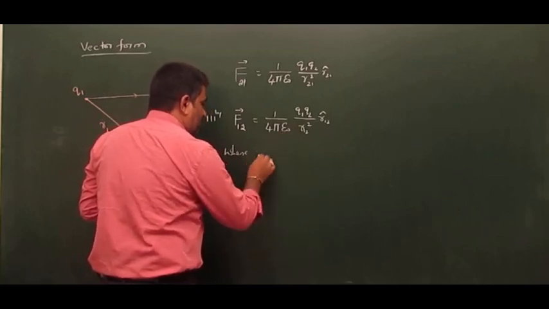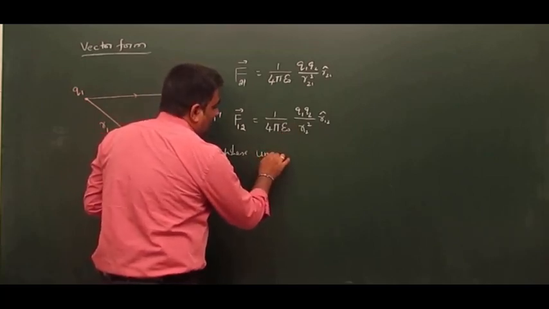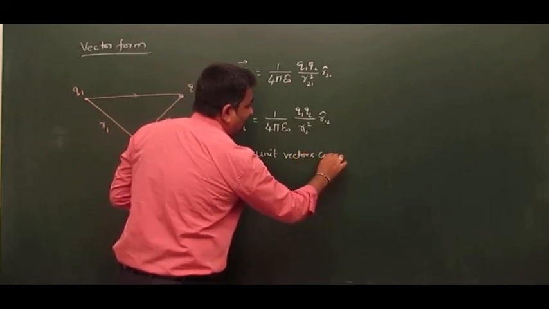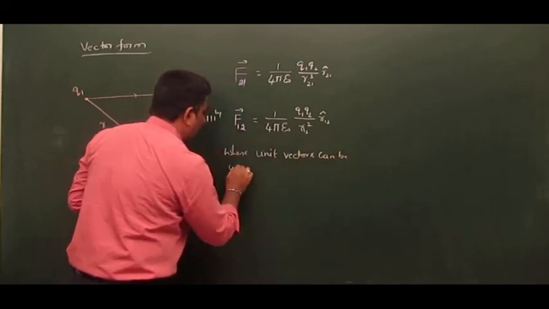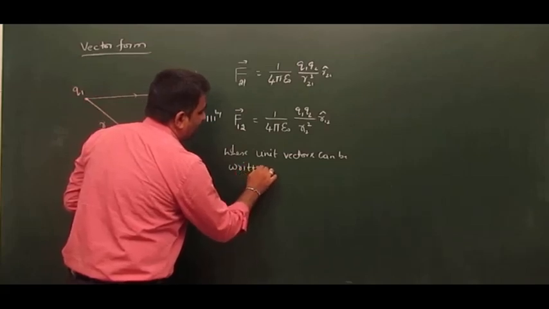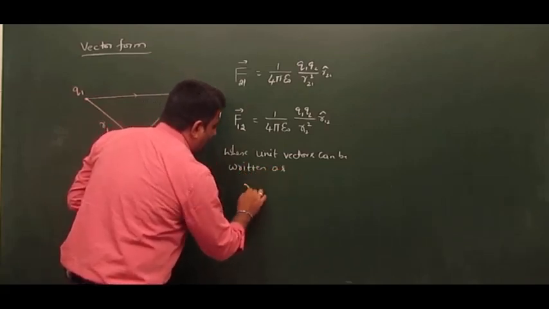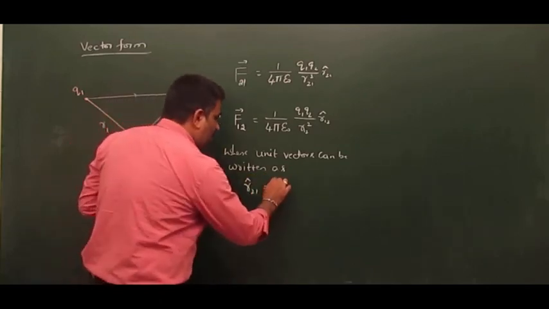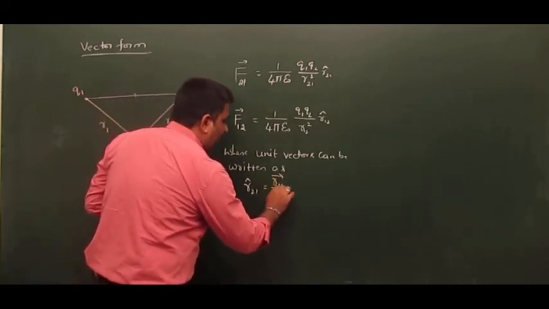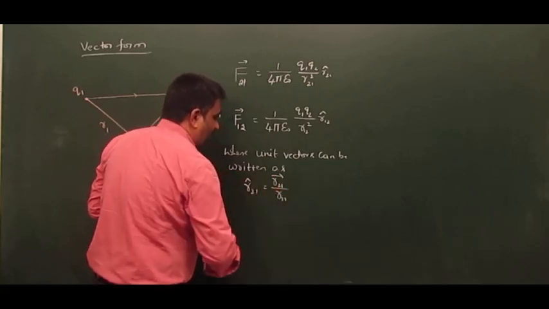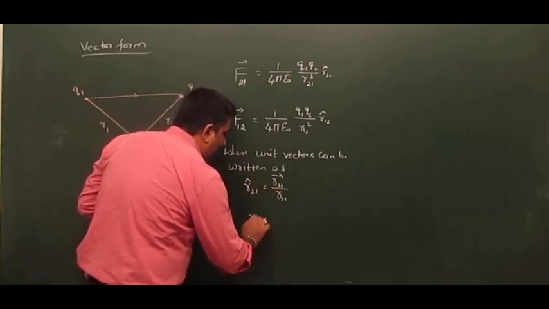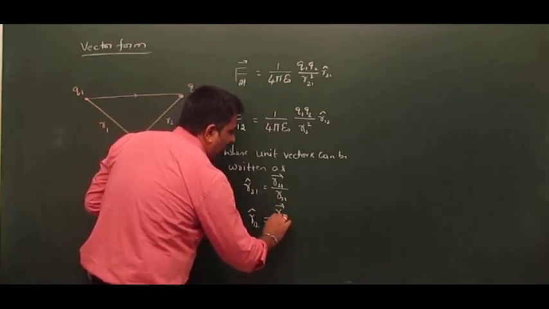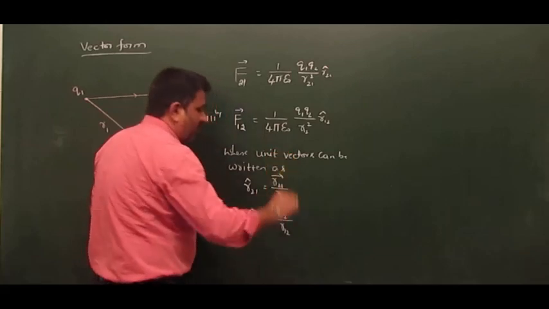The unit vectors can be written as R21 cap is equal to vector R21 divided by the magnitude of R21. Similarly, R12 cap is equal to vector R12 divided by the magnitude of R12.